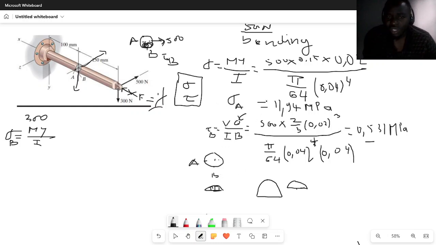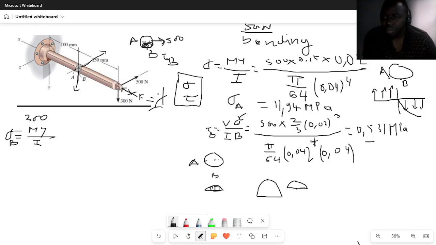Now, for the direct stress, Mr. Koso, you still do the same thing here. A is this side, you have B here, you can represent it down here, as easy as that. I know that my bending is along this axis here, so I know it has to start up like this, and this one down like this.